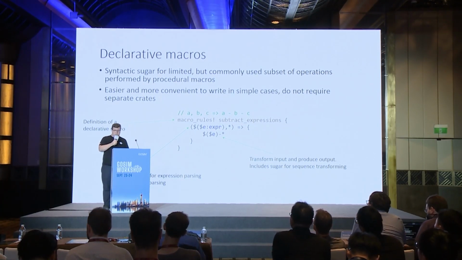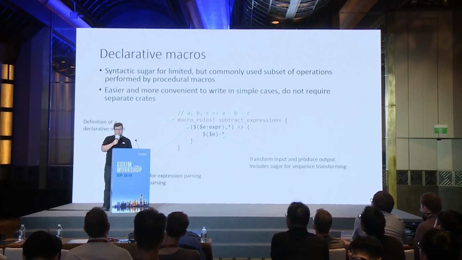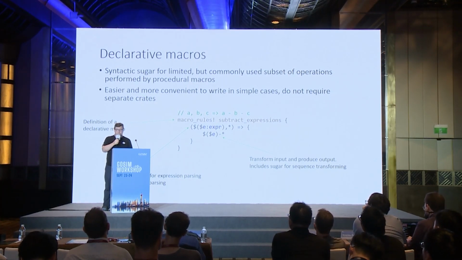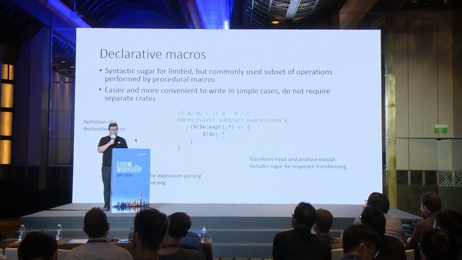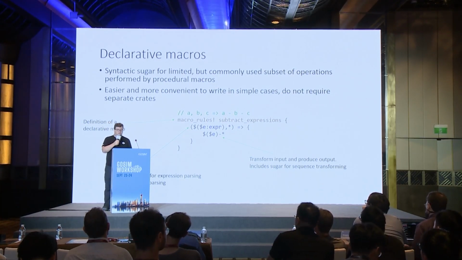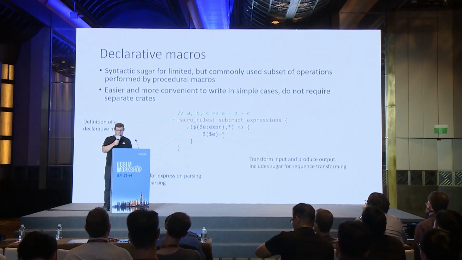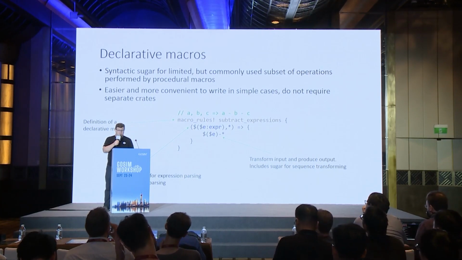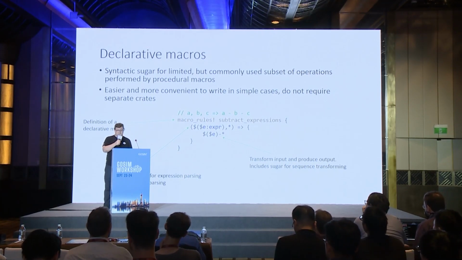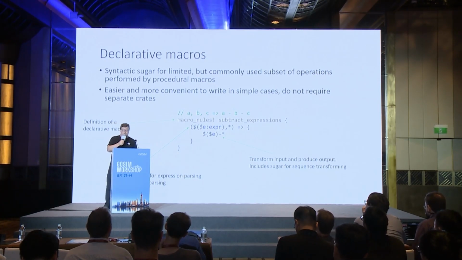Declarative macros are basically a syntactic sugar for all of the above. The functionality is a bit limited, but still enough to cover some most common patterns that are useful in practice. Declarative macros are simpler to write than procedural macros, so they are more convenient to use.